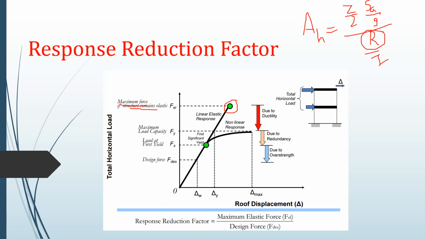If we consider the linear elastic response for the whole period of any ground motion, then the maximum force in the structure is very high, and thus it becomes uneconomical to design the structure for such high elastic force. We have to design very large foundations. Our beams and columns should also be of greater cross section. So as a whole, it becomes rather uneconomical to design our structure for this greater force which is induced in our structure if we assume linear elastic response.